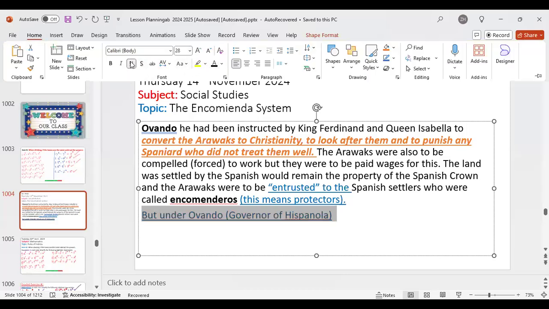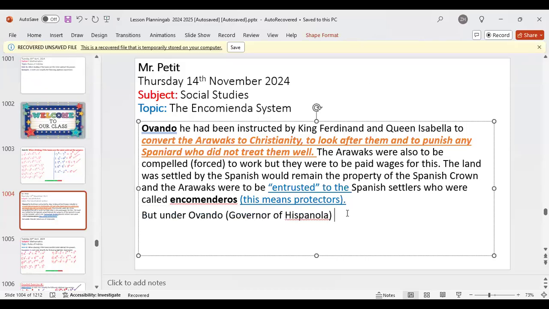But under Ovando, the governor of Hispaniola, the encomenderos, by the way, what does encomenderos mean? It means protectors. Yeah, the encomenderos took their own view of the encomienda system. Now, what do you think their view was? Slavery. Slavery and punishment. Exactly, of the encomienda system.